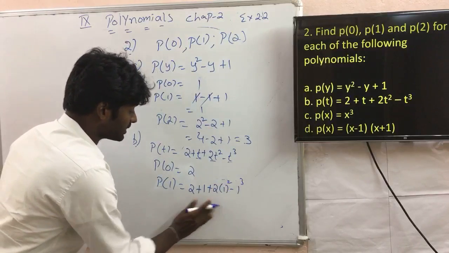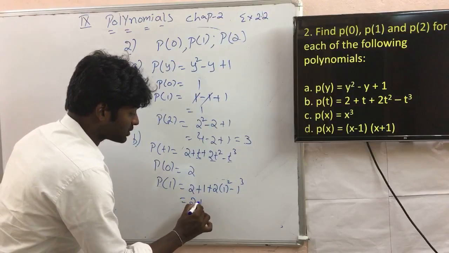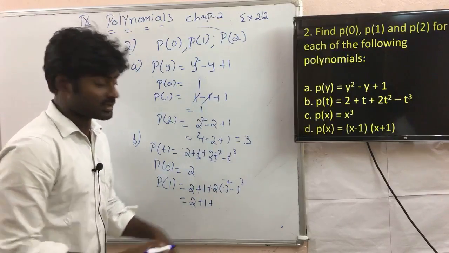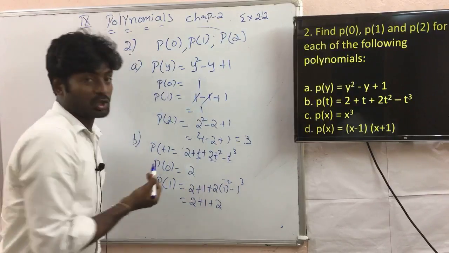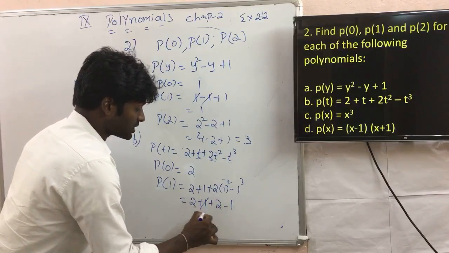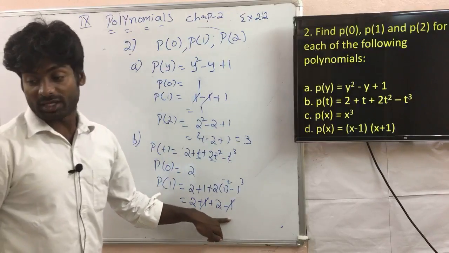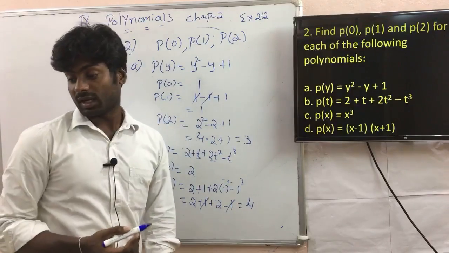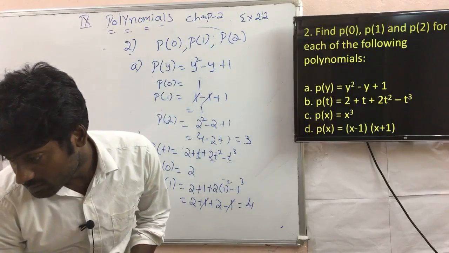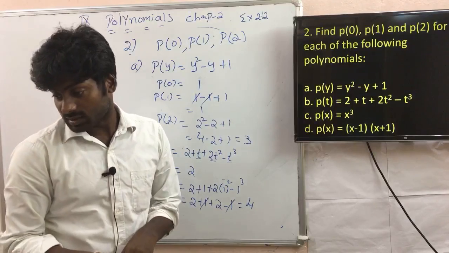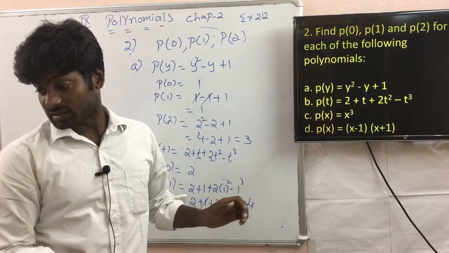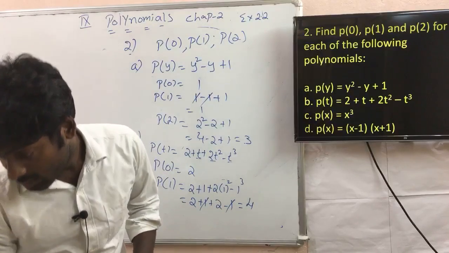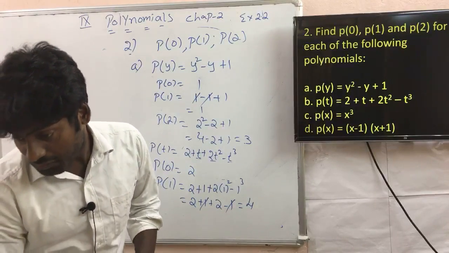That is nothing but 2 plus 1 plus, 1 square means 1, 2 ones are 2, minus 1 cube. Minus 1 plus 1 cancel. 2 plus 2, you will get the answer as 4. Not 3, and not 6. Already Shivam gave the answer 4. Yes, Riddhi, you also gave 4. Very good.